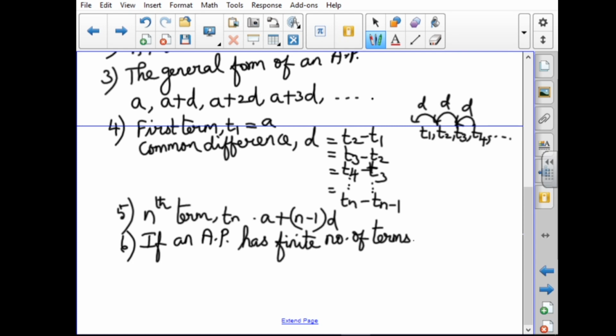Finite number of terms, it is called finite arithmetic progression, or finite AP, finite arithmetic sequence.